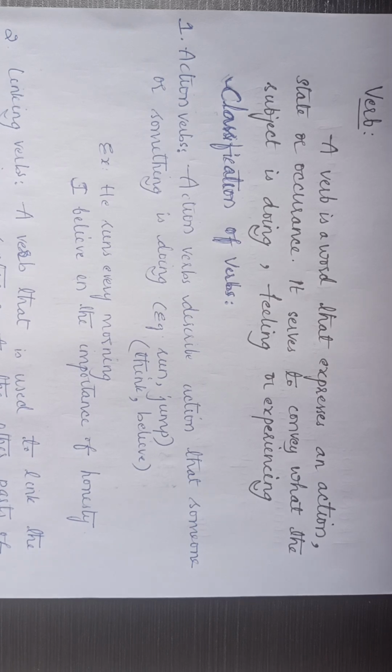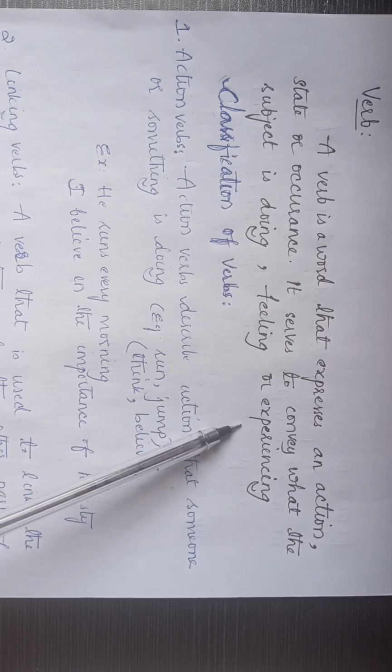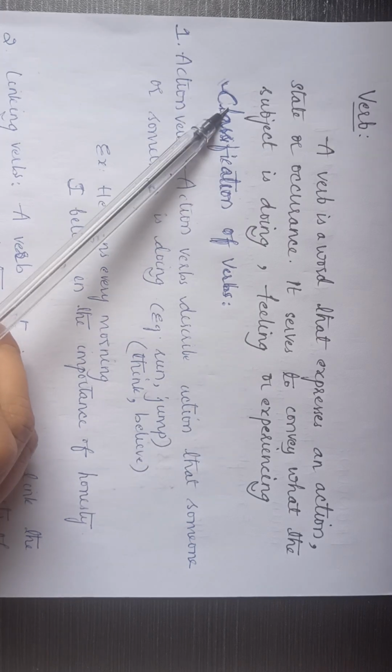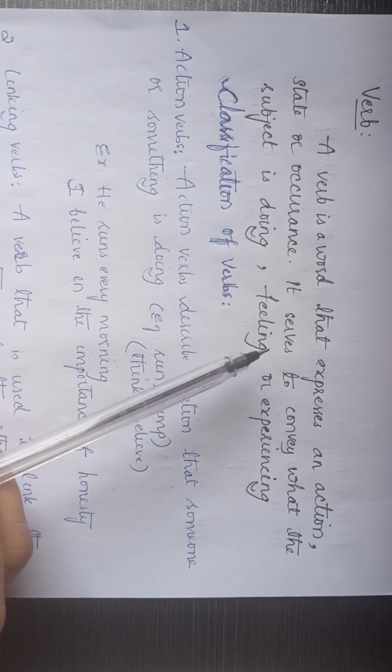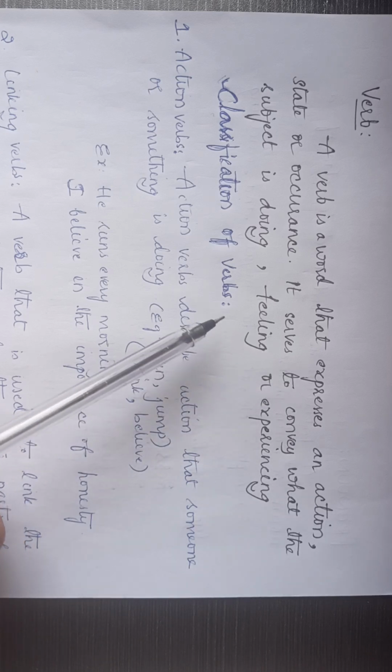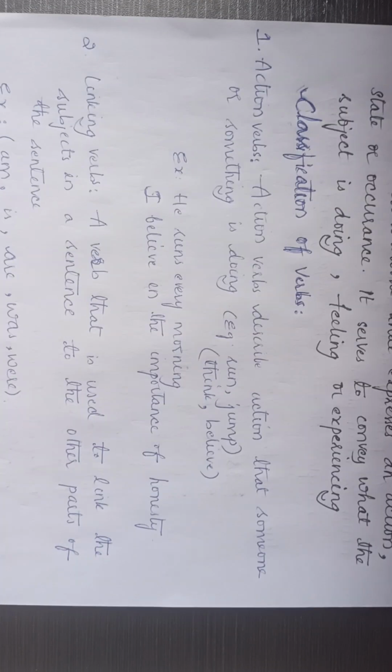So, it is one of the main components of a sentence and expresses the actions, emotions, feelings, and experiences of the subject. So, verbs are important to form complete sentences because they describe actions, conditions, or state of being.